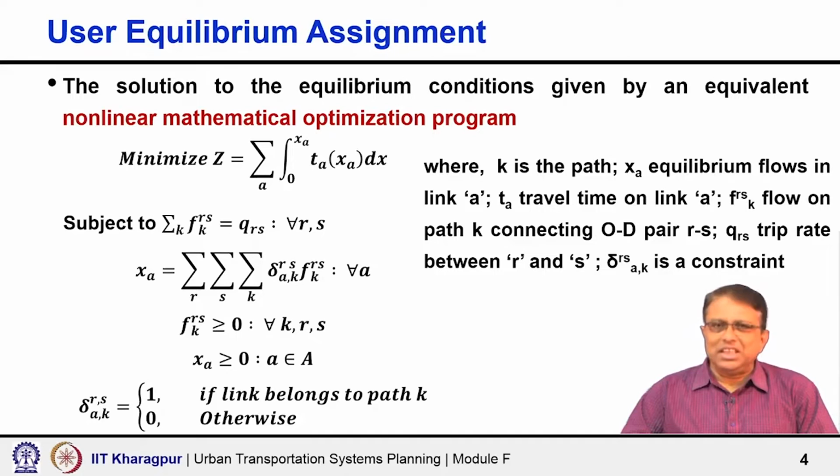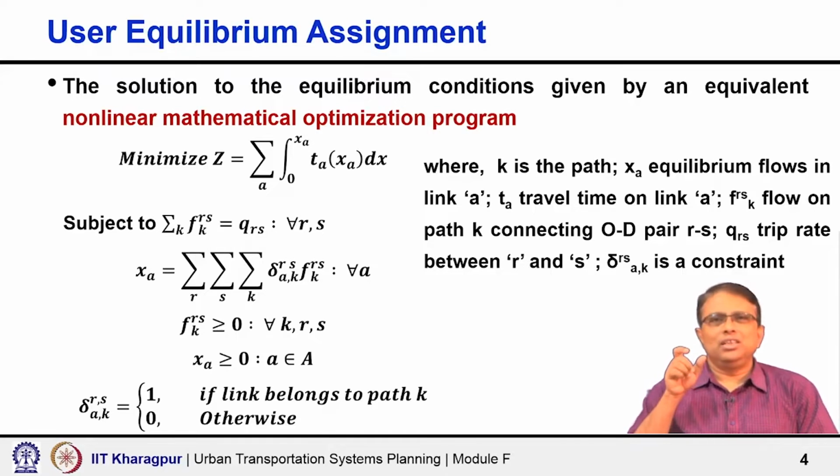Minimize z equals the sum over all routes a of the integral from 0 to x a of t a as a function of x dx, subject to certain constraints. What are those constraints?